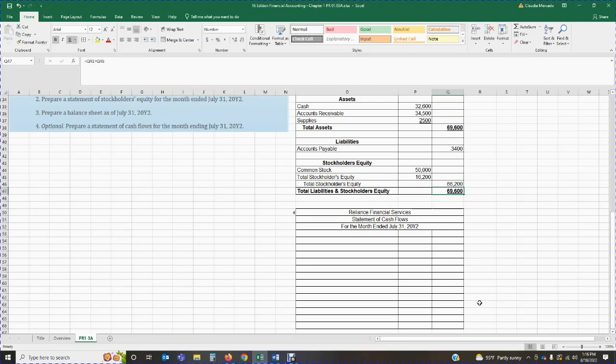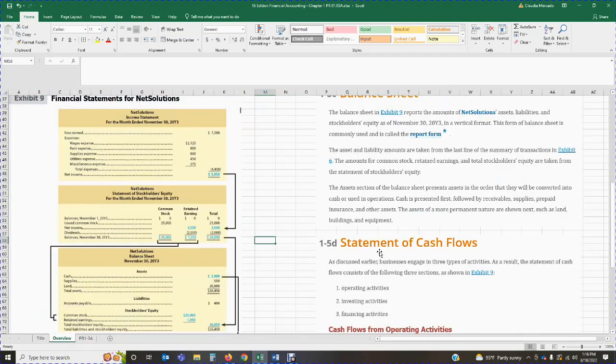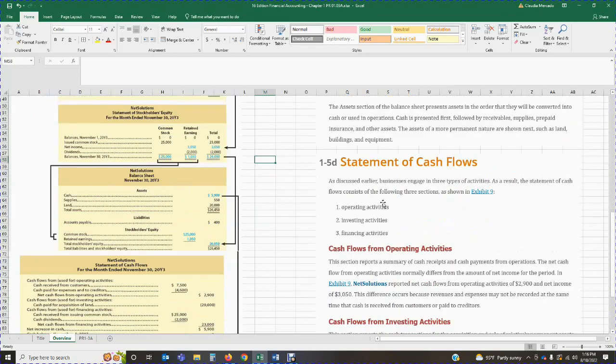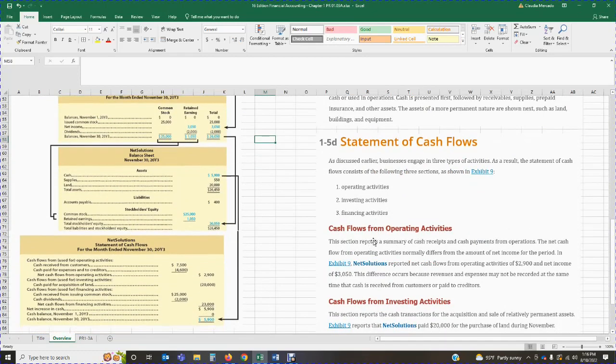Okay? So the statement of cash flows, if we recall, are broken down into three sections: the operating activities, the investing activities, and the financing activities. The first area deals with operations. Okay, so the section summarizes any cash receipts and cash payments from operations.